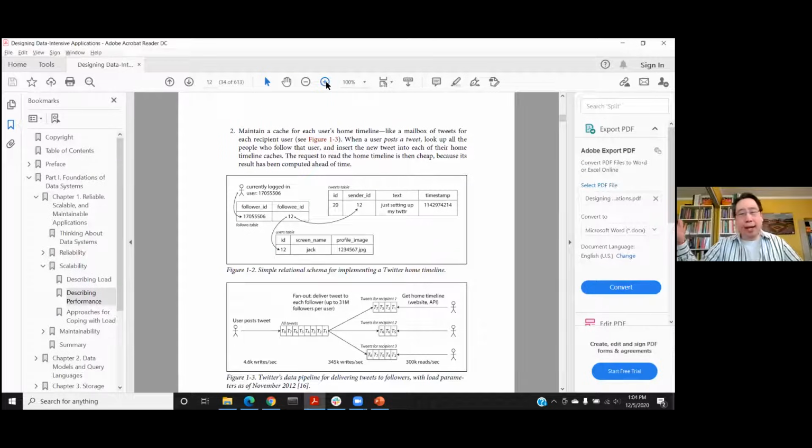Yeah, I suspect that at any given moment in time, if there's 100 million people on Twitter, probably at most 10, 15 million of them are on at any one point in time, right? So absolutely, when you do number 2, you are caching these home timelines for every single person.